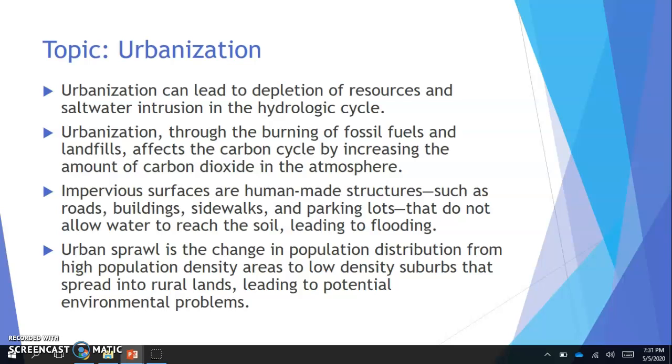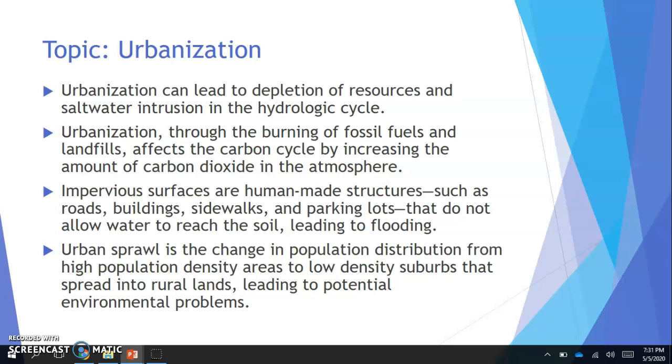And then urban sprawl is the change in population distribution from high population density areas to low density suburbs that spread into rural lands, leading to potential environmental problems. So, some environmental problems that we think about moving into suburbs, again, construction, destruction of habitat, disruption of natural food webs, just because you are taking away, again, habitats and resources for animals.